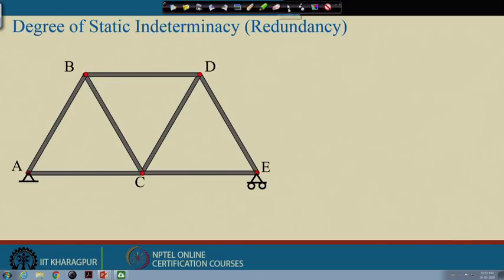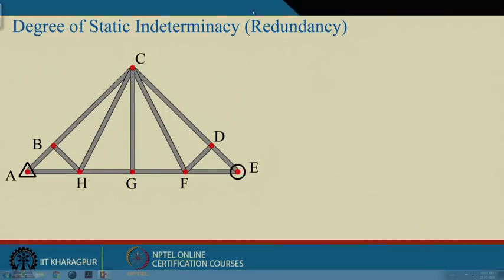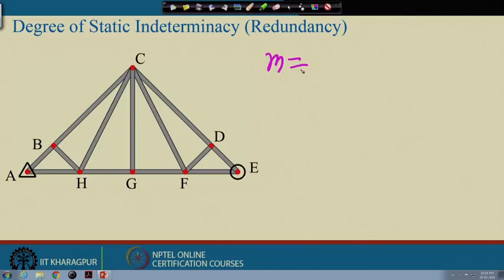Now, let us take one more example. Here also, the number of members M is equal to 1, 2, 3, 4, 5, 6, and then 7, 8, 9, 10, 11, 12, 13. So, the number of members is 13.